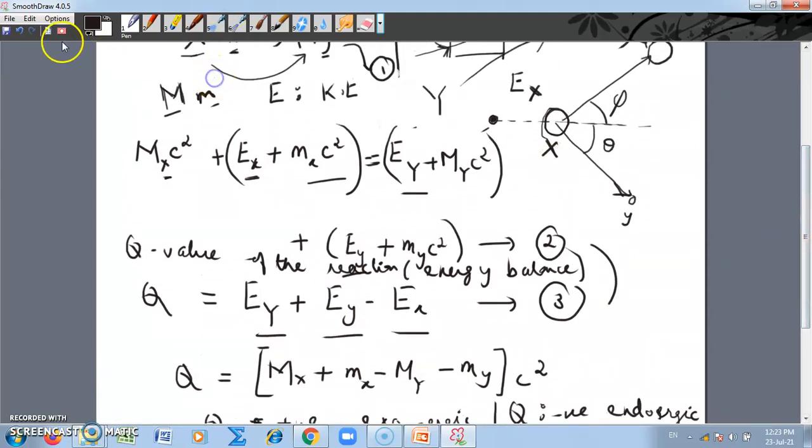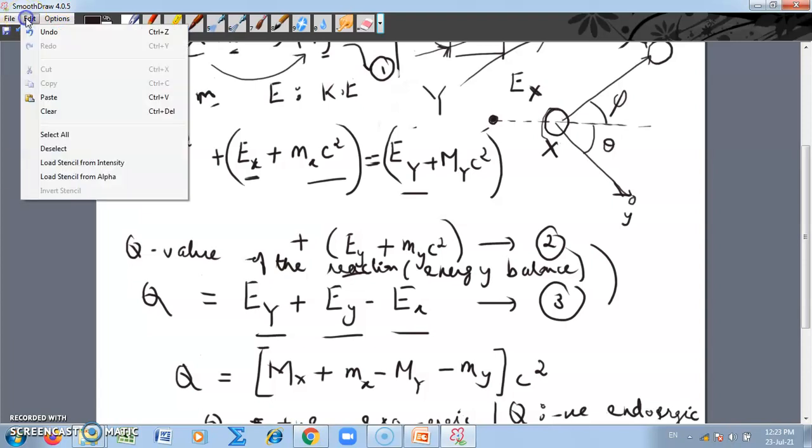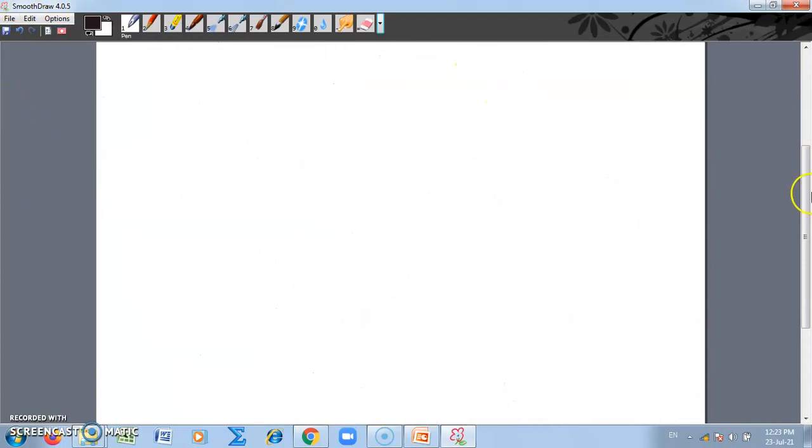So for this I'll have to clear the board. We'll again go to this diagram and draw it again. This was my target nucleus, capital X, and it is at rest. Then this is my incident particle, that is small x.